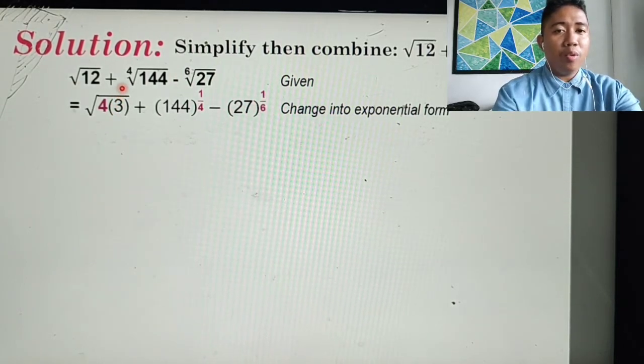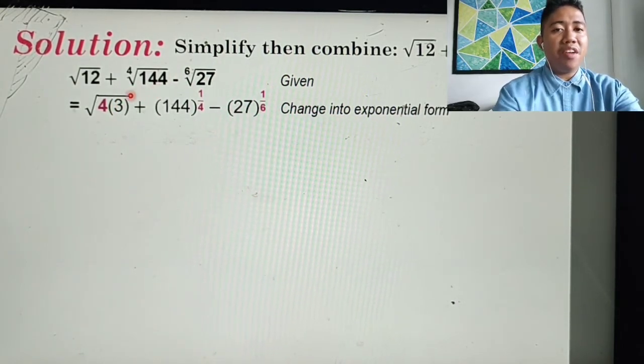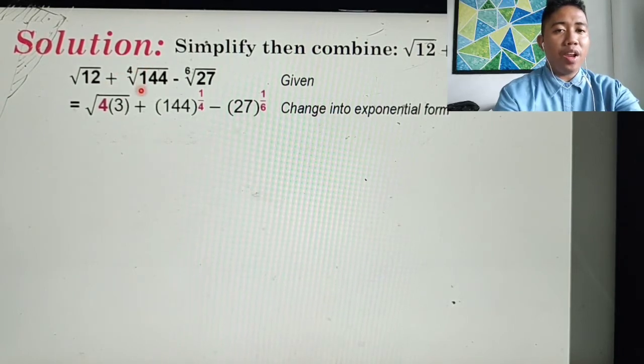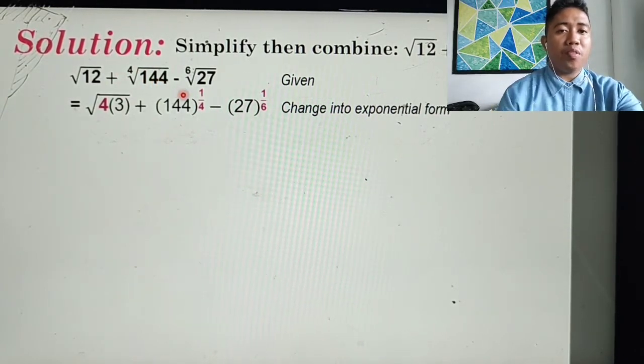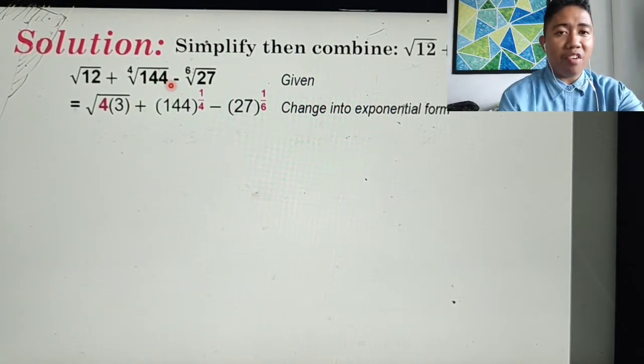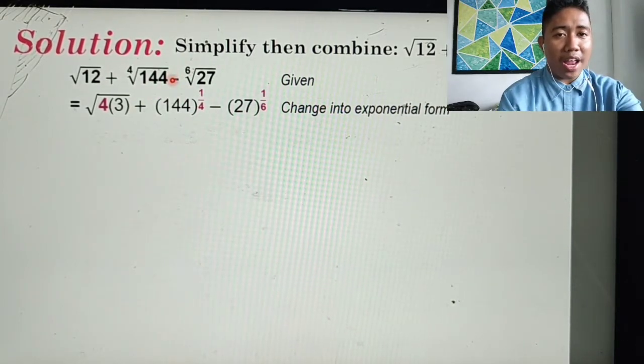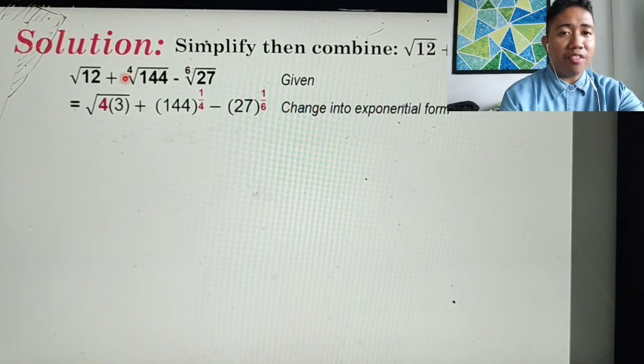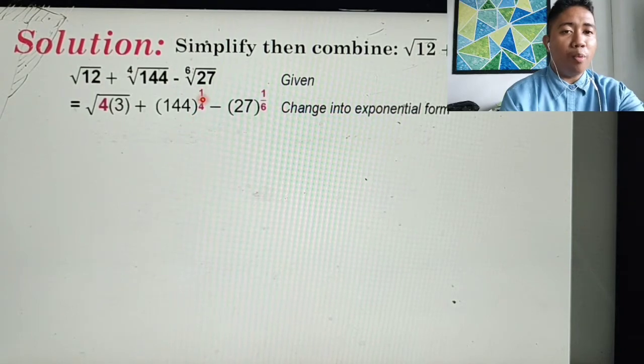Next term, you will be going to convert the radical form, the fourth root of 144, into exponential form. We all know that inside the radicand, the 144 has an exponent of 1, and since the nth root is 4, we convert that to 144 raised to the power of 1 over 4. Okay?